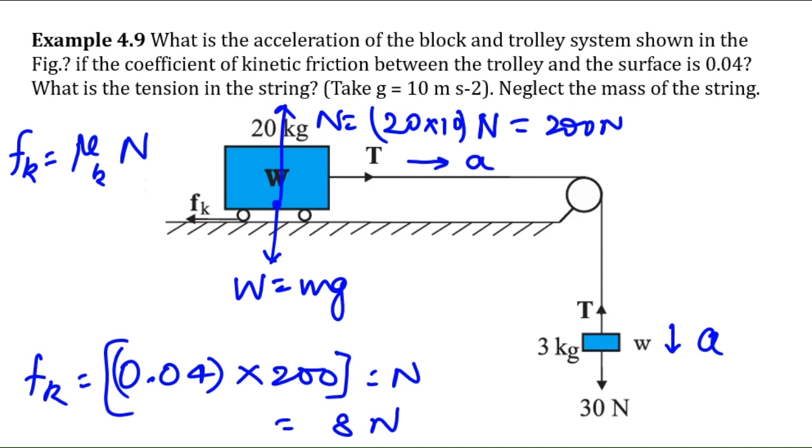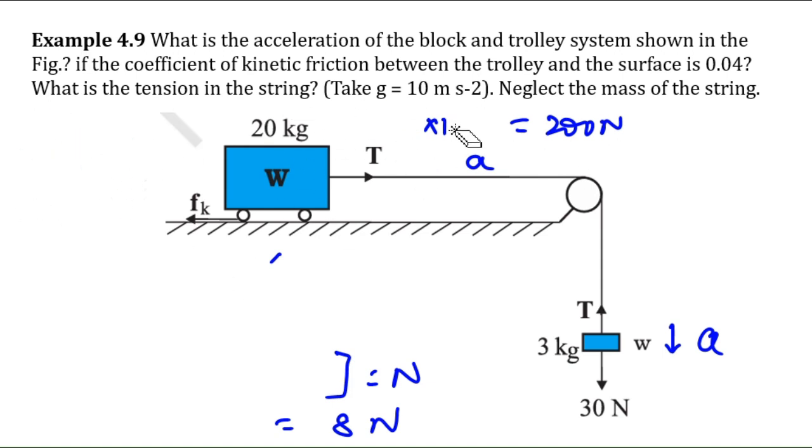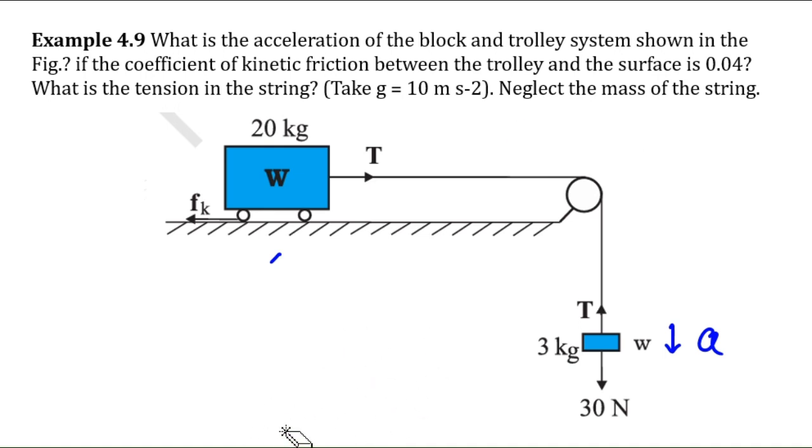Let me write only Fk somewhere. We had Fk equals 8 Newton, and the downward acceleration here is a.